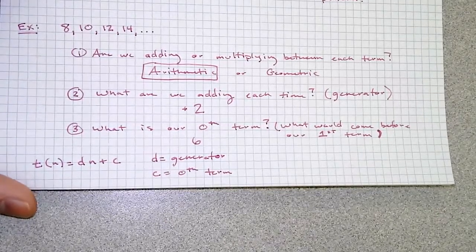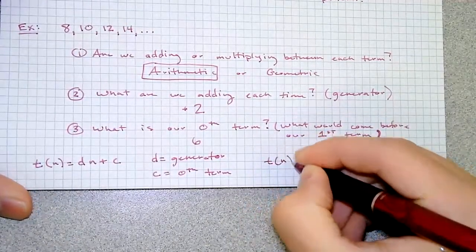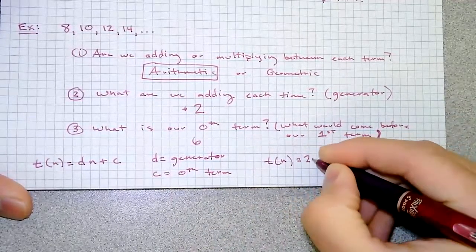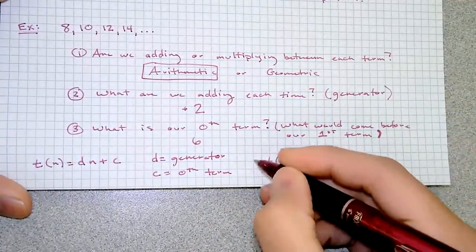So to make an equation, we would just say T of n equals 2n plus 6.